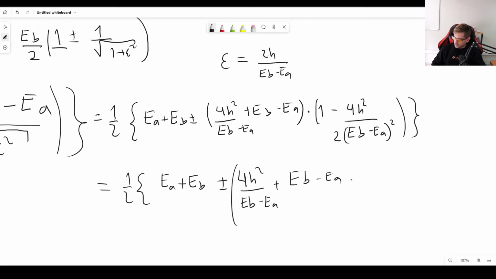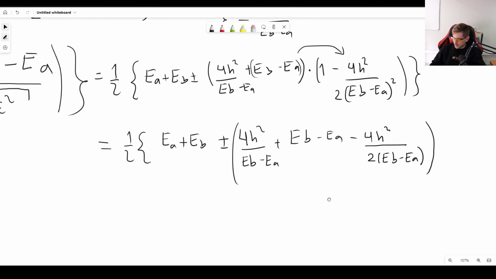And then times this part, right? So this entire thing, I mean. So we get minus 4h squared, and then divided by 2 times EB minus EA.